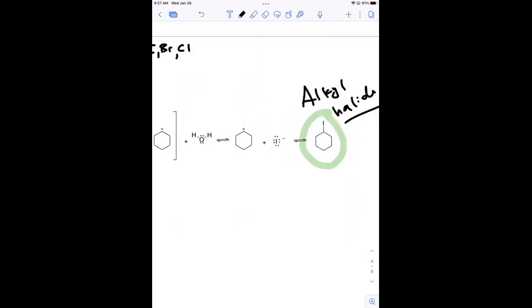So when you make an alkyl iodide and you want to use it for another reaction, like turning that alkyl halide into an organometallic, or using it in another substitution, or some other type of reaction, then iodide is going to be your best halogen to use.